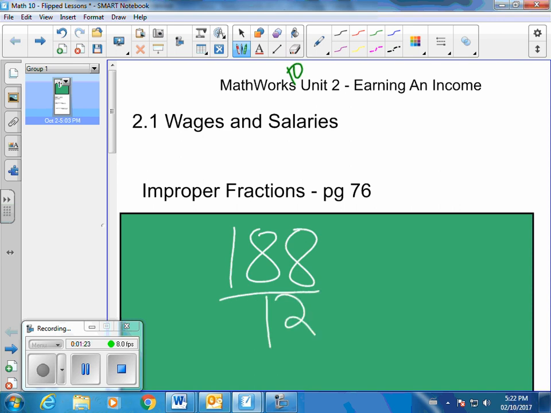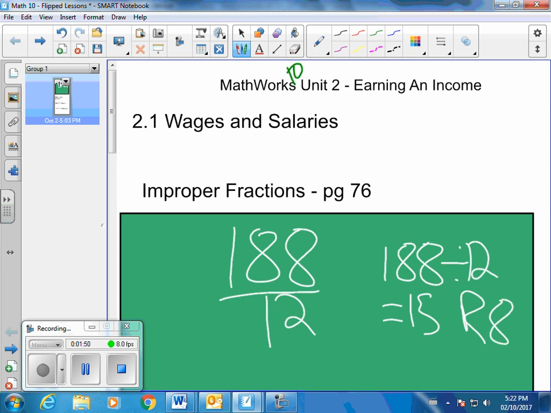To change an improper fraction into a mixed number or a mixed fraction, we divide the numerator by the denominator and we get a fraction. So 188 divided by 12 gives us 15 with a remainder of 8.